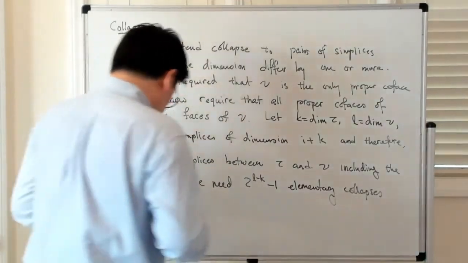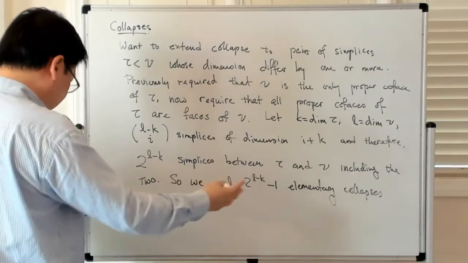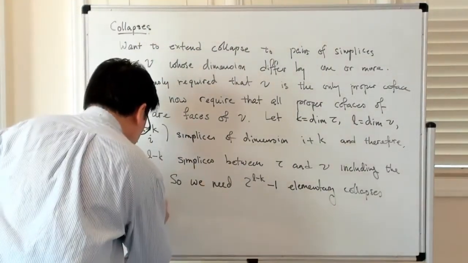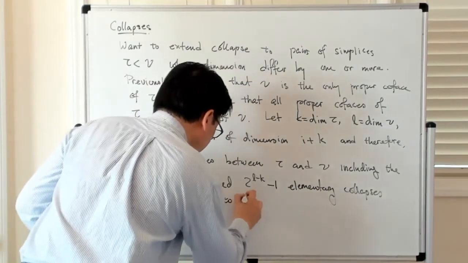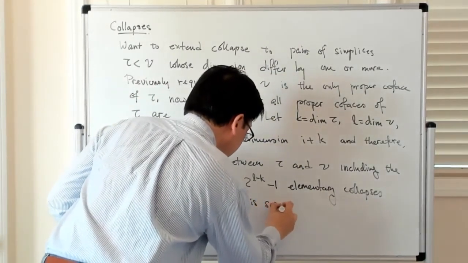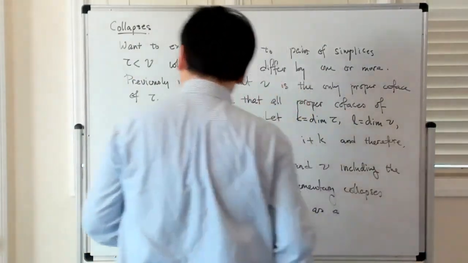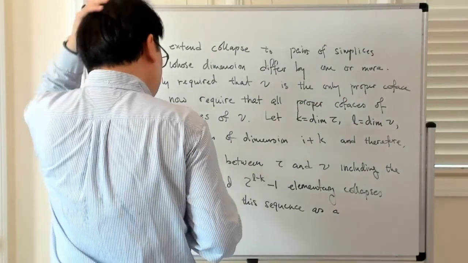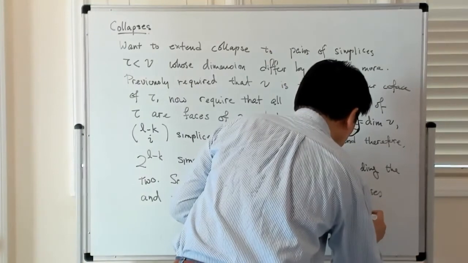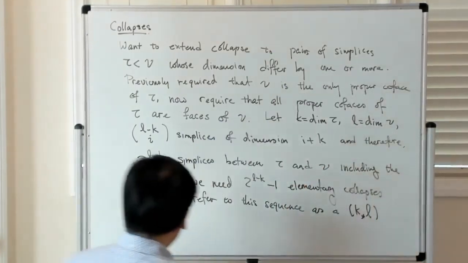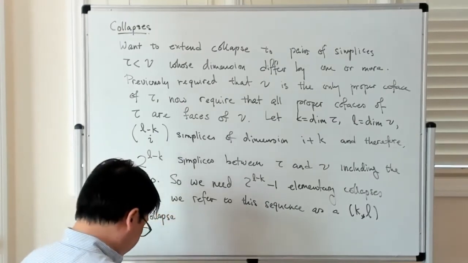We then refer to this as a KL collapse, which is compatible with the notation we had used before.